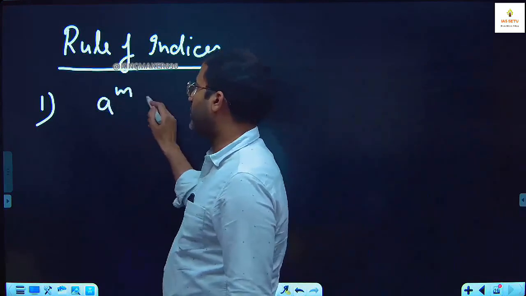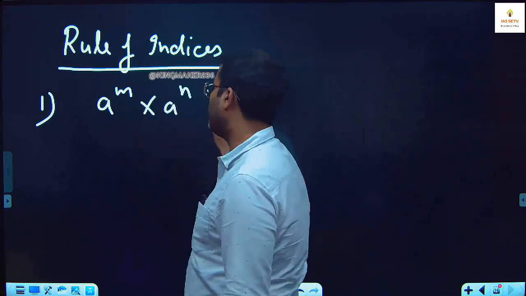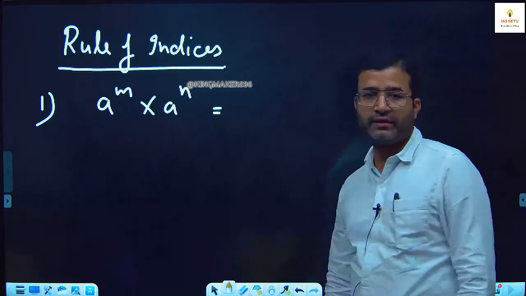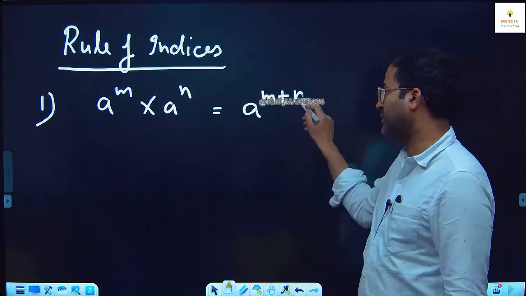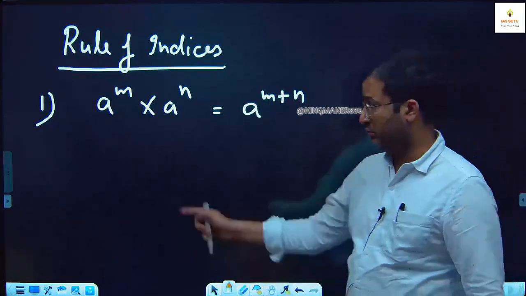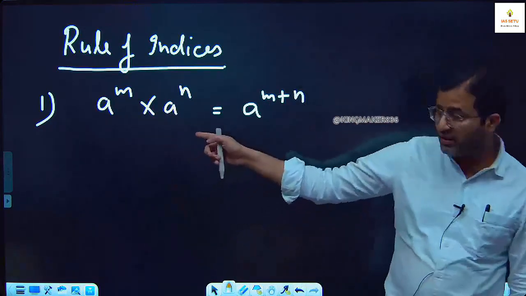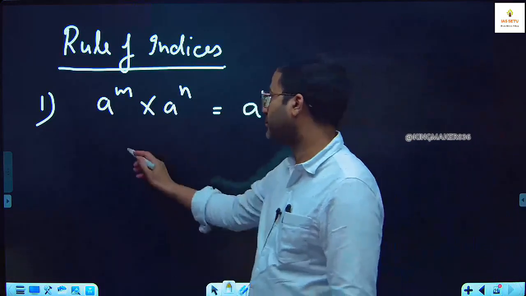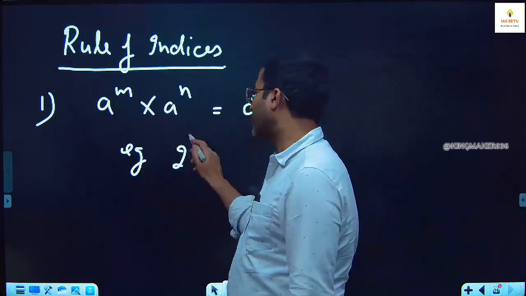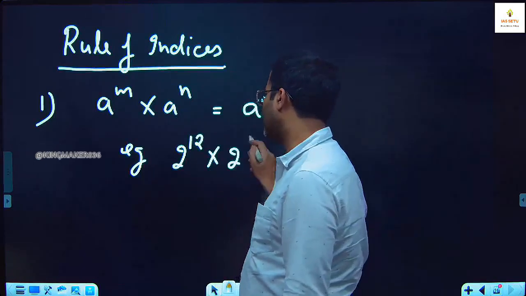a to power m into a to power n. Any one of you? a to power m plus n. When the base is same and there is a multiplication, we add the power. You write example also. Like 2 is to power 12 into 2 is to power 8.